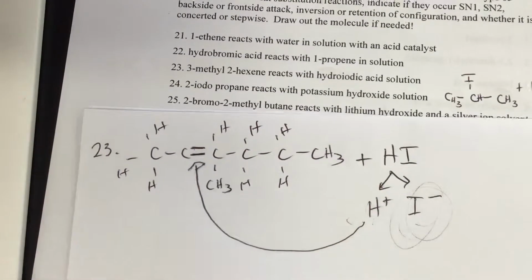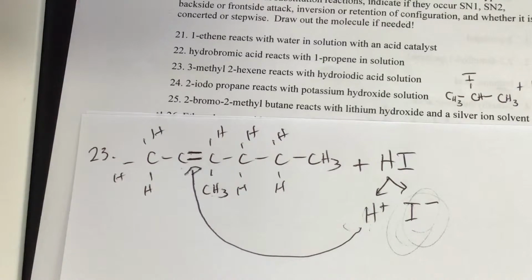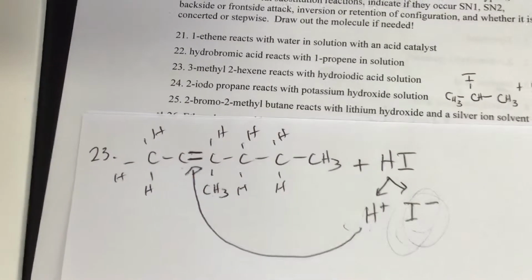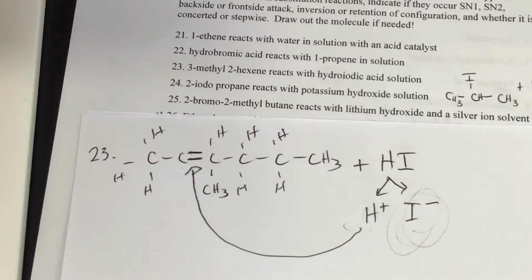If it comes here, there are fewer electrons available for it to stabilize itself, so it's a little less stable. You always want to make the most stable carbocation you can, and that is always on the most substituted carbon. That's Markovnikov's rule, so we always need to consider that.